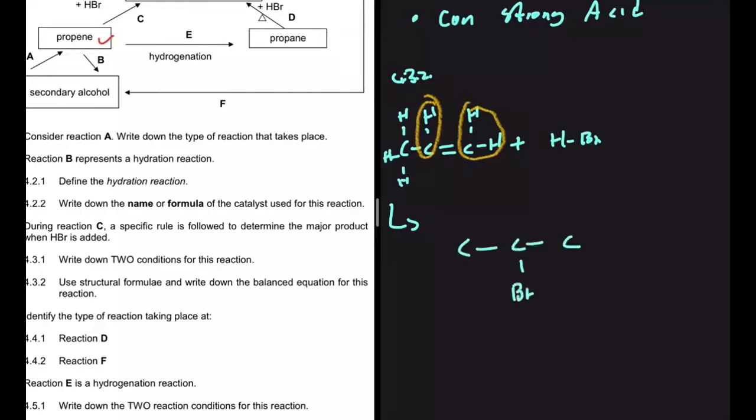Br is going to come to the carbon in the middle, and the hydrogen is going to come to the first carbon. And then now it's just a matter of filling out our hydrogens. So this is our major product according to Markovnikov's rule. And then Br being on the first carbon and H being on the second carbon is our minor product. This is our major product. Yeah, usually when this reaction occurs, this is the product, right?